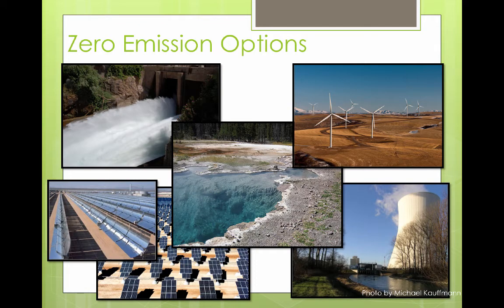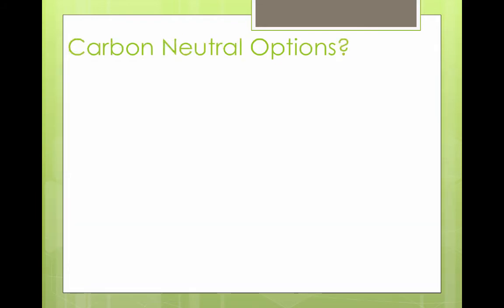So what are some zero emission options? By zero emission, I mean things that we're not burning to emit waste products. These include hydropower, geothermal power, wind power, solar, and nuclear power. Now, are there some carbon neutral options?